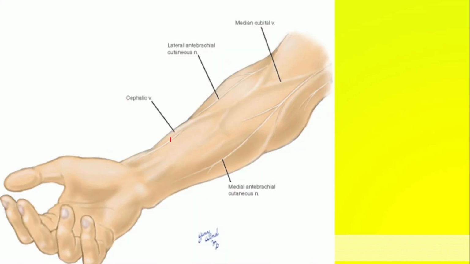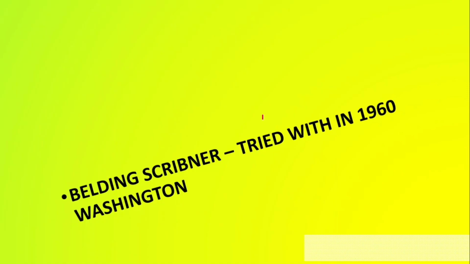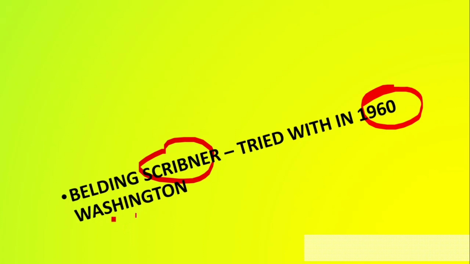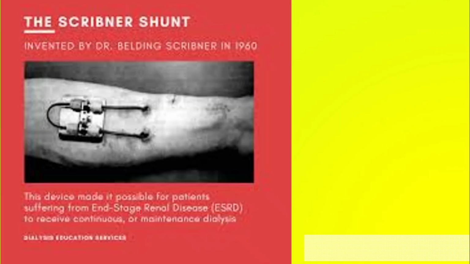So what they found, this is the forearm and the hand, the radial artery, ulnar artery. These are all the prominent veins. How to make it a vascular access? So they came up with initial ideas. Scribner in the 1960s tried an artificial shunt, which is called the Scribner shunt.